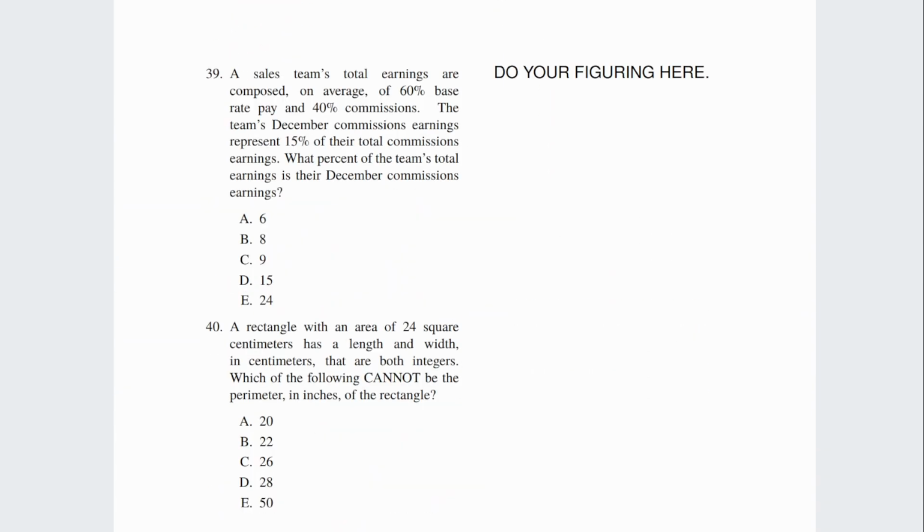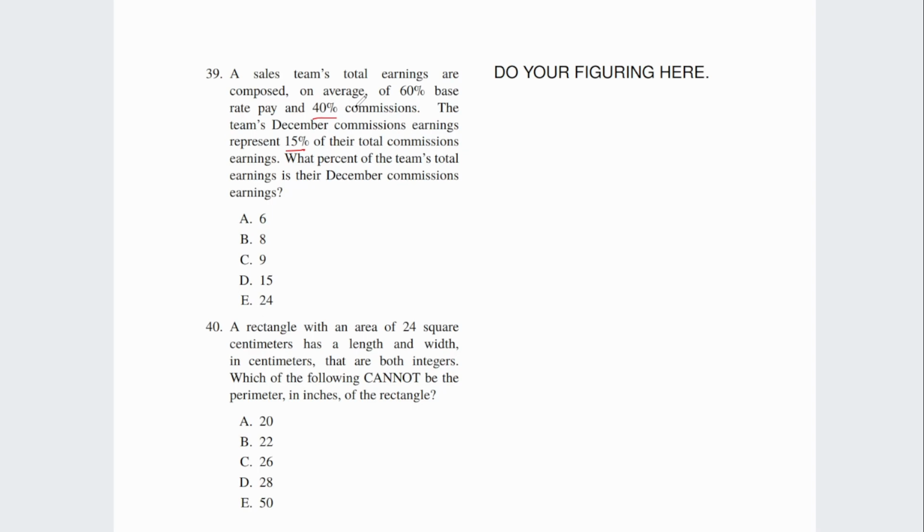Question 39 asks, a sales team's total earnings are composed, on average, of 60% base rate pay and 40% commissions. The team's December commissions earnings represent 15% of their total commissions earnings. What percent of the team's total earnings is their December commissions earnings? So this is the same basic question as the last one. We're asking 15% of 40%.